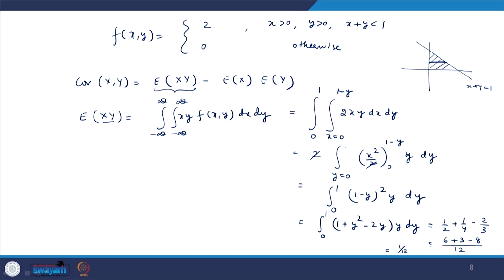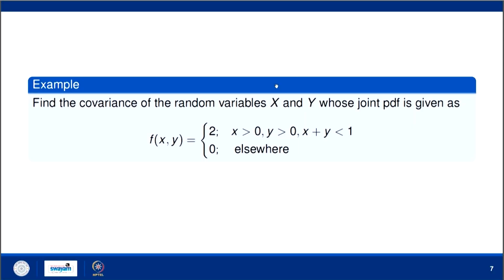Okay. Now, to compute expectation of x or expectation of y, first we need the marginal distributions, the marginal PDF of x and y. So, first is the marginal distribution of x. It is the integral over y, so y is varying from where to where?